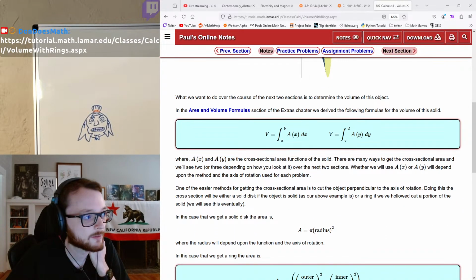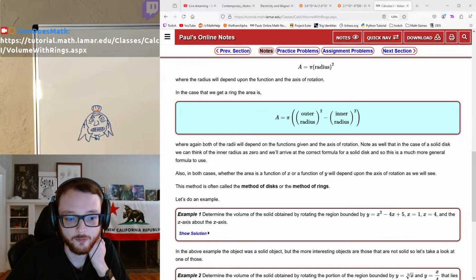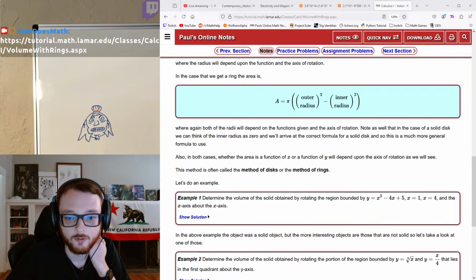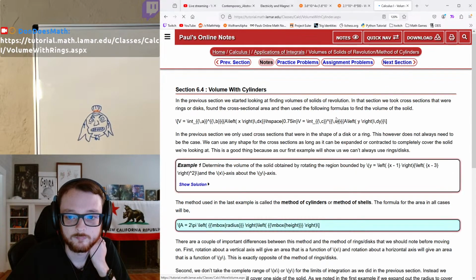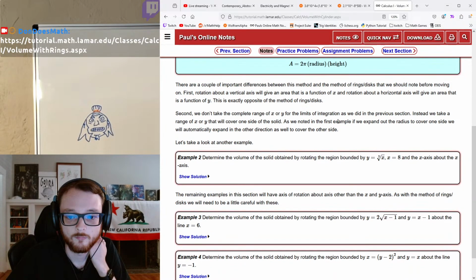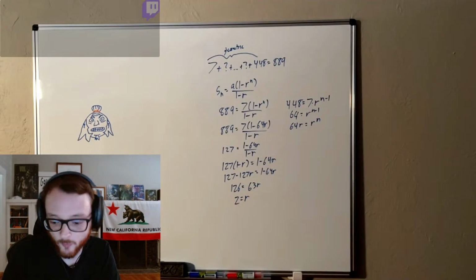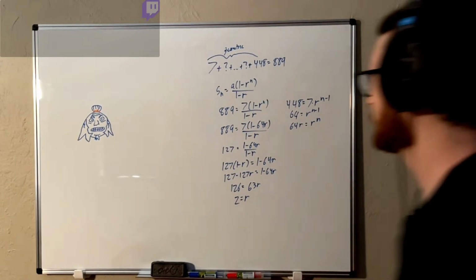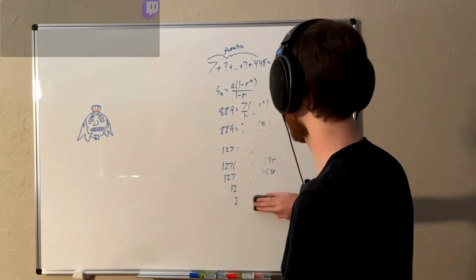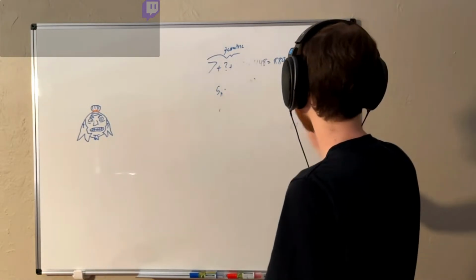And then if you just hit next section from there, it'll be for disks. It's getting to the same volume in a different way. Sometimes one way is much easier than the other. Sometimes they're both pretty easy, but sometimes only one method is really practical.